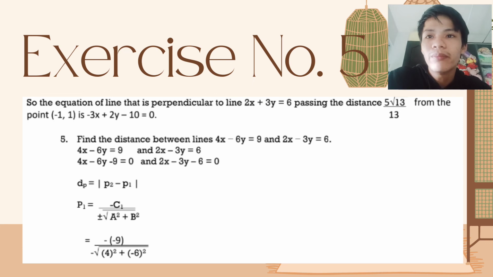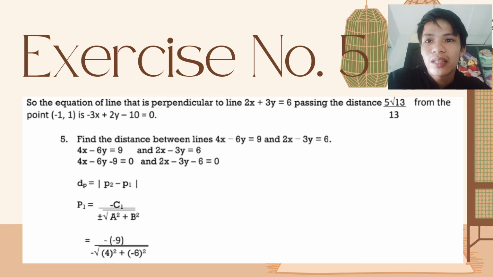So number 5, find the distance between lines 4x minus 6y is equal to 9 and 2x minus 3y is equal to 6. So 4x minus 6y is equal to 9 and 2x minus 3y is equal to 6. 4x minus 6y minus 9 is equal to 0 and 2x minus 3y minus 6 is equal to 0.